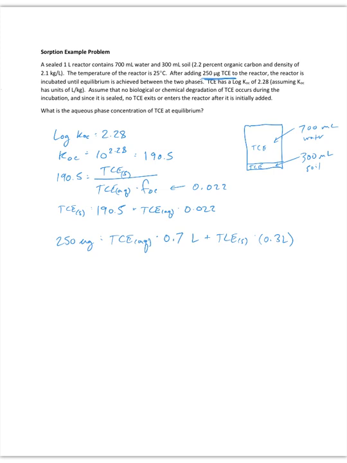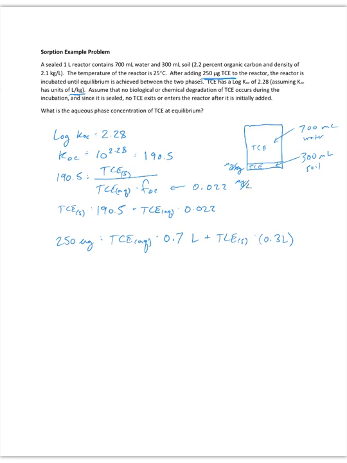And then since this is a solid, the concentration is going to be in mass per mass units. We can verify to ourselves that that's the case by saying this KOC has units of liter per kilogram. That's stated in the problem statement. So when we look at KOC and its definition here, we can see that the top would be in, say, micrograms per kilogram, and the bottom would be in micrograms per liter.